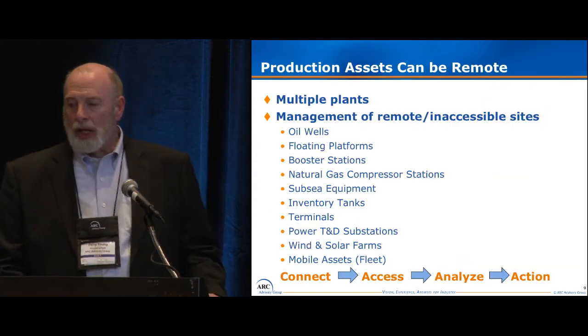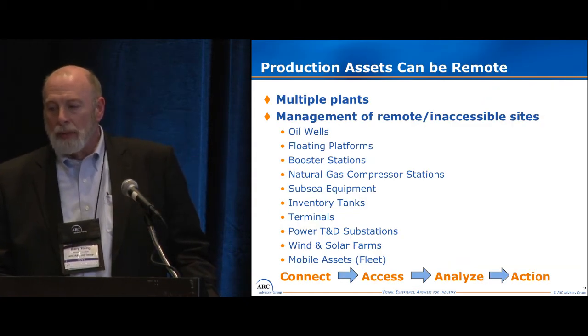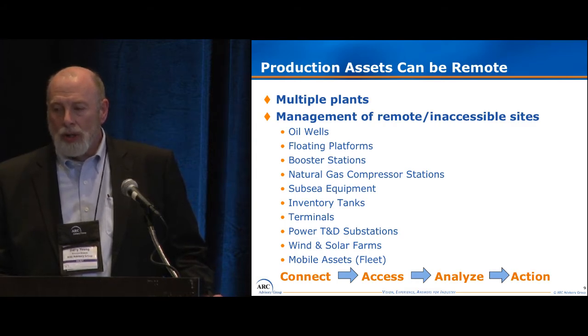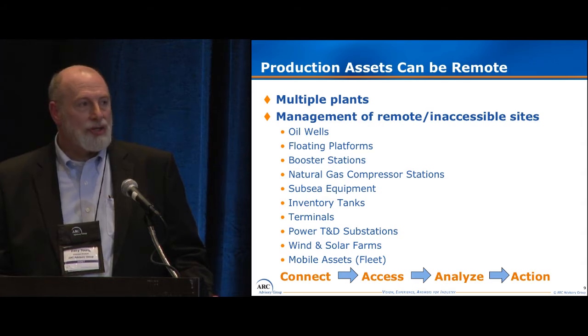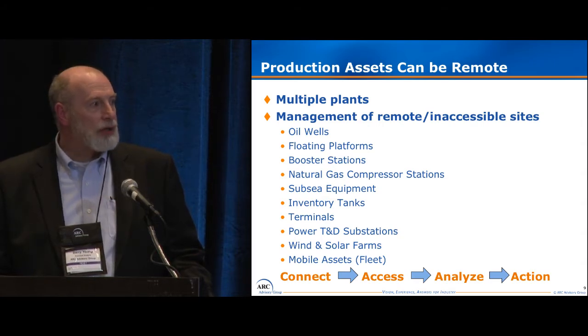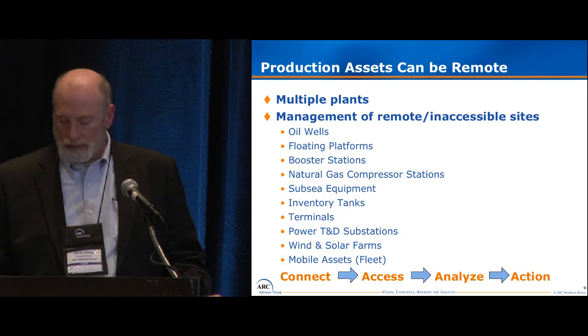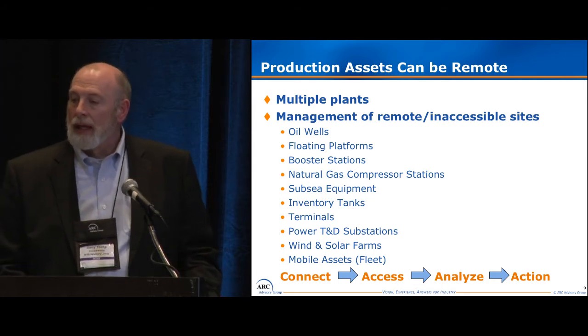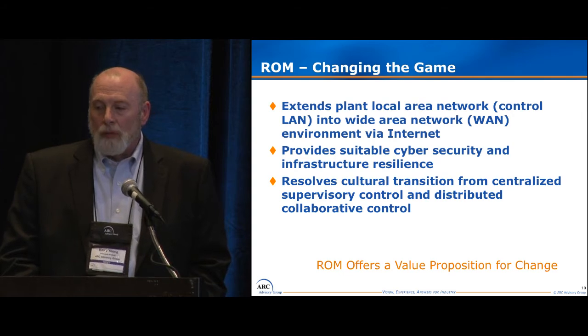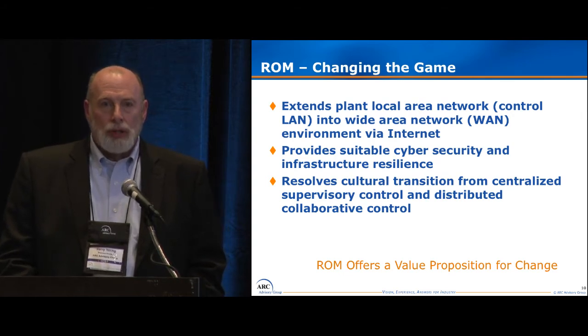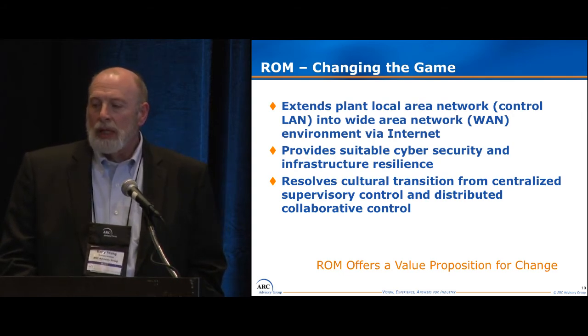Some applications where it gets used, we mentioned most of these. So the really harsh ones tend to be oil wells, remote areas, subsea, etc. It's a huge difference from a plant environment. So really ROM is changing the game from what it used to be 15, 20 years ago.